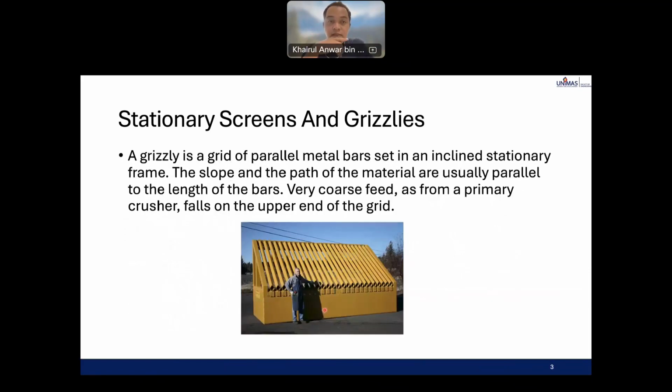So this is a stationary screen, the grizzly. A grizzly is a grid of parallel metal bars set in an inclined stationary frame. The slope and the path of the metal are usually parallel to the length of the bars. Very coarse feed, such as from a primary crusher, falls on the upper end of the grid.